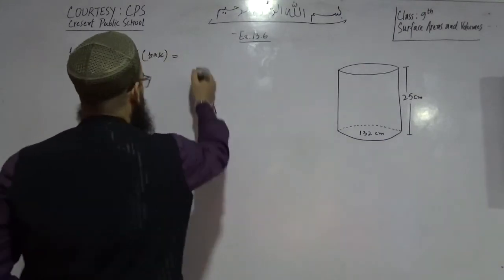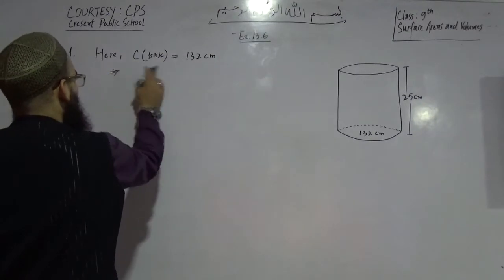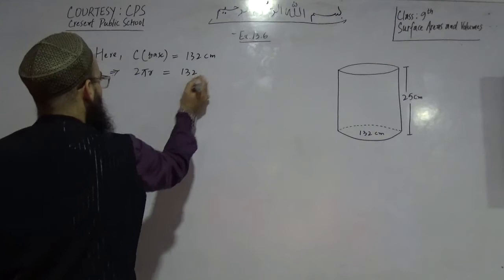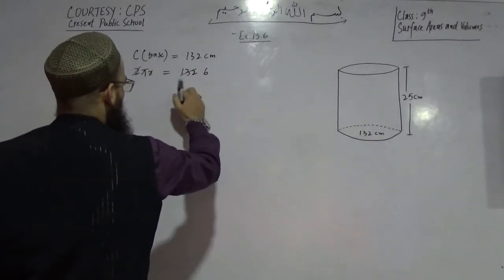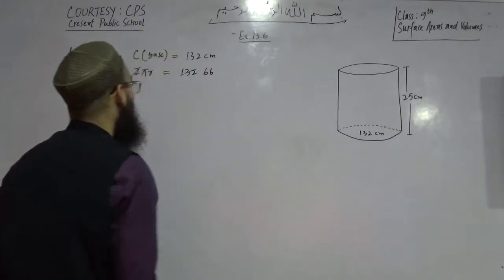is 132 centimeter, which implies that circumference is equal to twice pi r. That is 132. Then you can go 2 ones, 2, 6, 12 and 2, 6, 12.